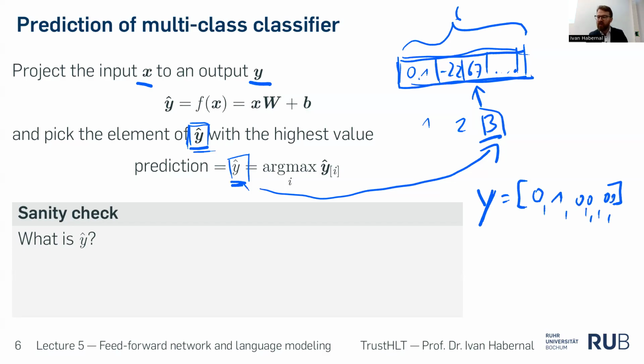And what's coming out of our function is a bunch of numbers. So we had a function which turned a real number into a probability, right? What was that? Any real number turning into something between 0 and 1. We have a sigmoid function, exactly. So the sigmoid turned a number into a probability. Well, we want to do something similar for a bunch of numbers, so for a vector.